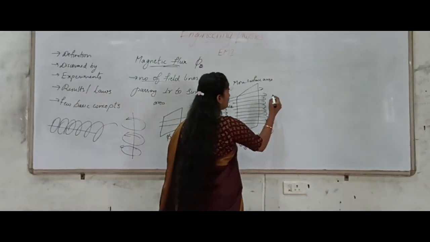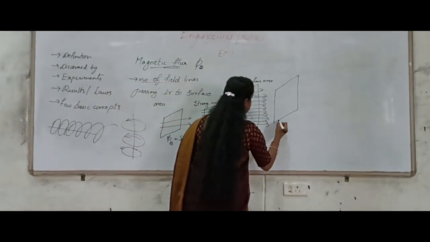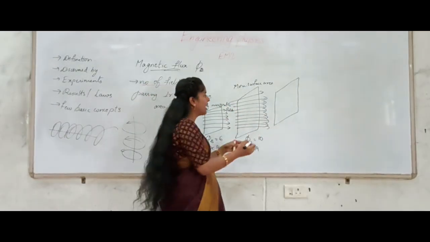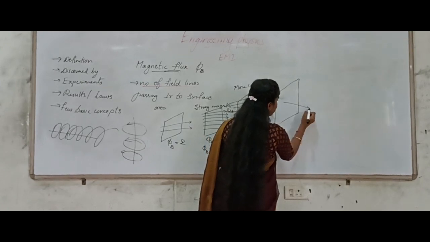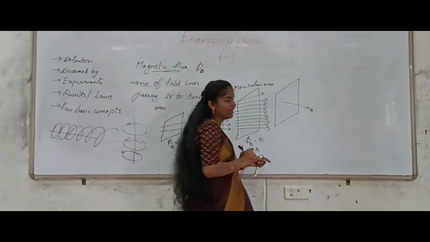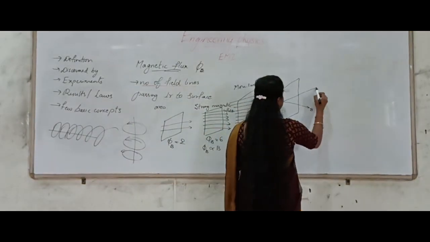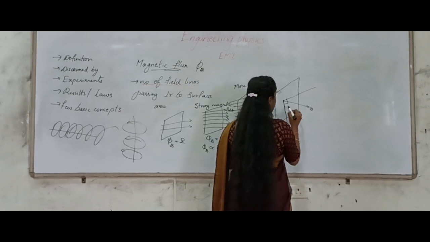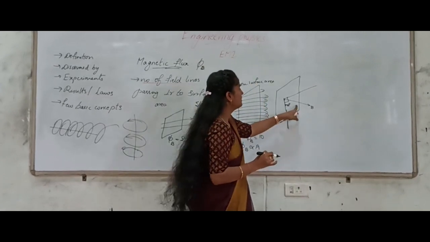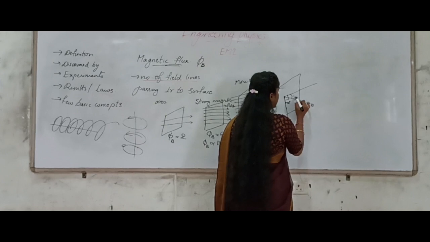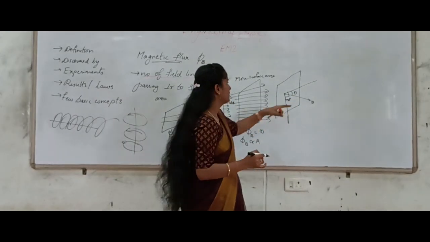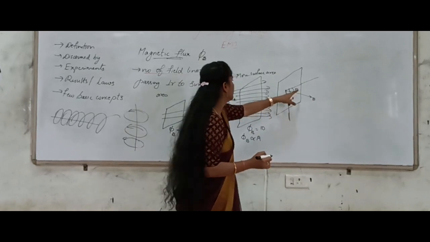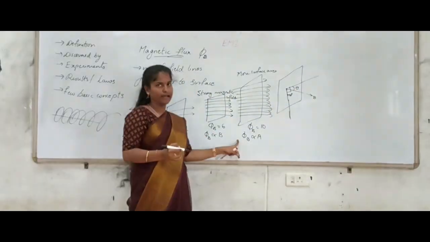One more thing is, for the surface area, instead of passing perpendicularly, if the magnetic field lines make some angle with the perpendicular line, this is the perpendicular line, 90 degrees. Let's say these magnetic field lines make some angle called theta. Then this angle will also take effect in the magnetic flux.